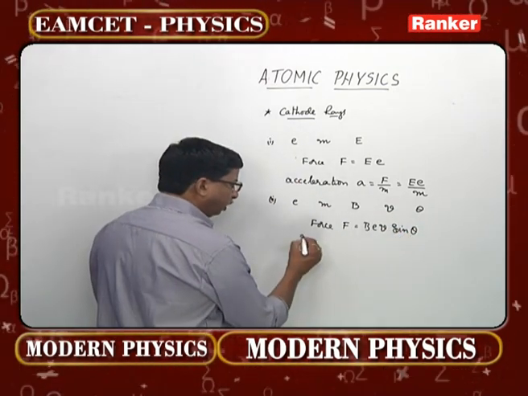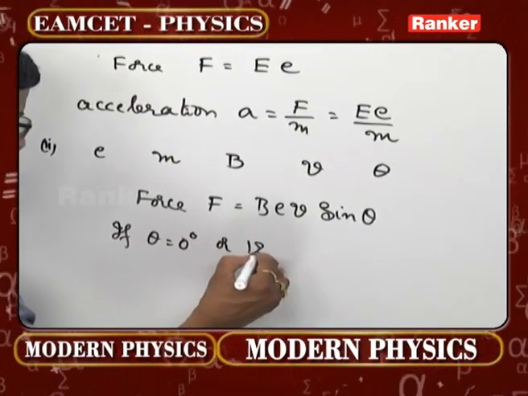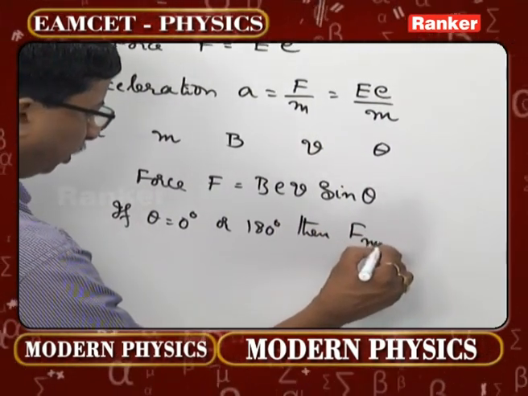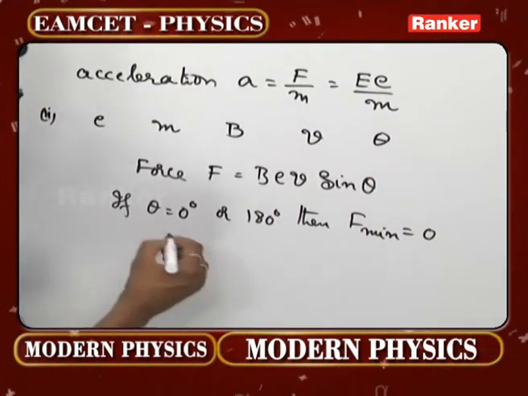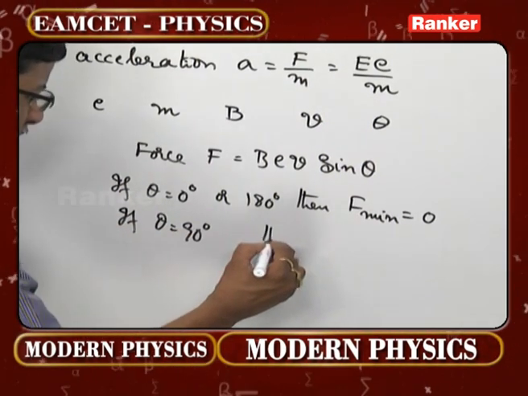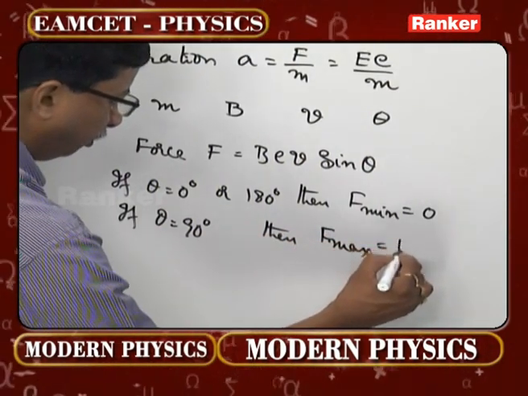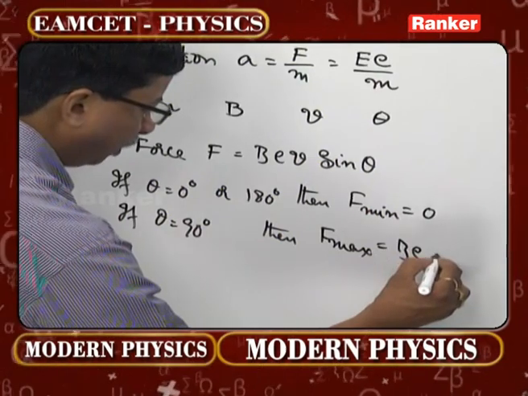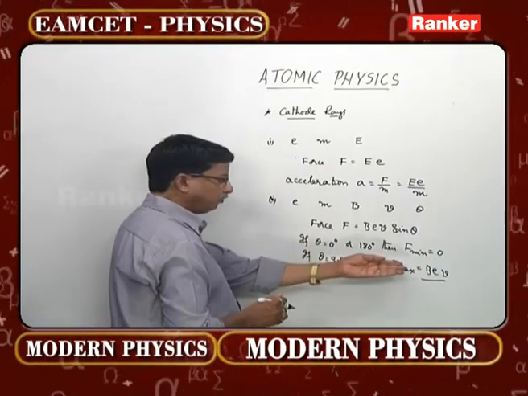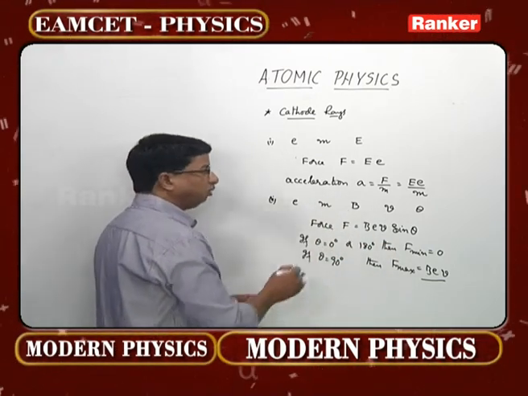Of course, you can understand from this, if theta becomes 0 or even 180, the value of F is minimum and its value will be 0. If I consider theta as 90 degrees, then sin 90 being maximum, the force over here will be maximum and its formula will be Bev. So once again, if you want acceleration, that force by mass you can directly add. So that is the second formula you have to remember.